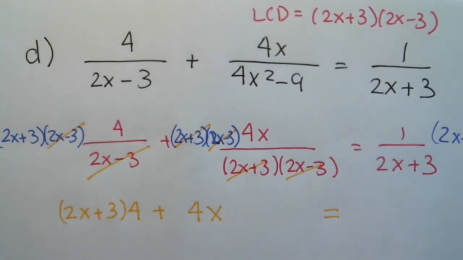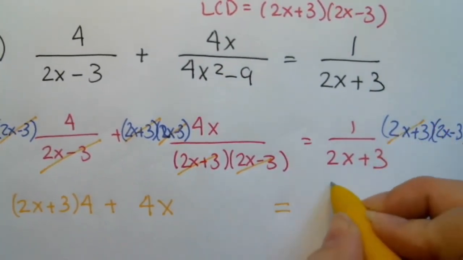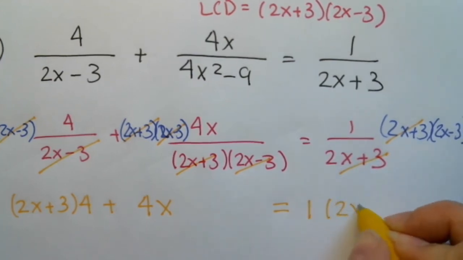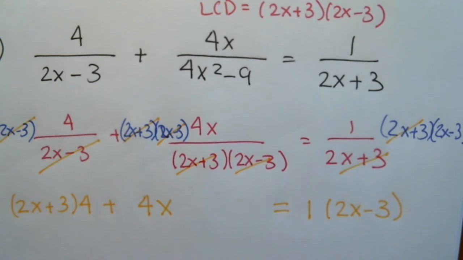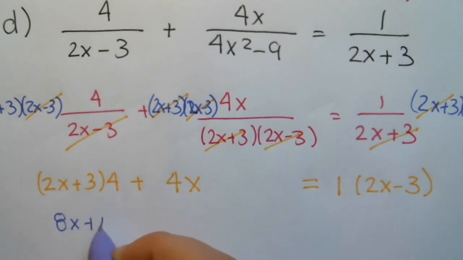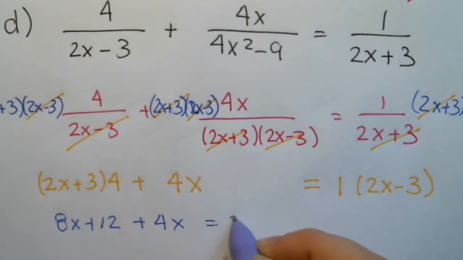Okay, and then on the right side, I can see that my 2x plus 3 cancels with my 2x plus 3, and I'm just left with 1 times 2x minus 3. Okay, so now I'm going to multiply this out. I get 8x plus 12 plus 4x equals 2x minus 3.